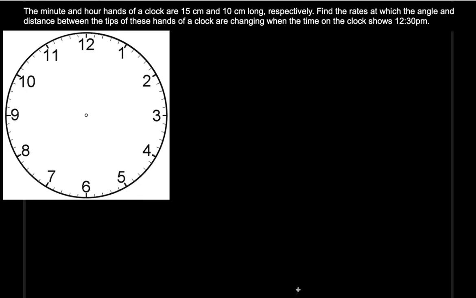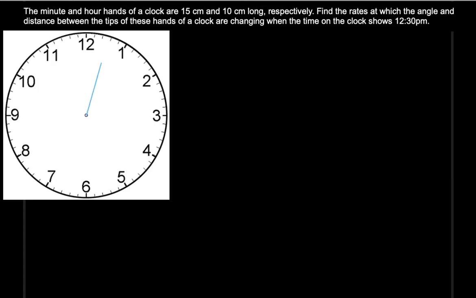So the first thing to do, I am providing this picture of an empty clock to you so that we can actually draw the situation, draw the exact time to model the situation described. Okay, so we're talking about the minute hand and the hour hand drawn from the center. We can draw each using a straight line segment.